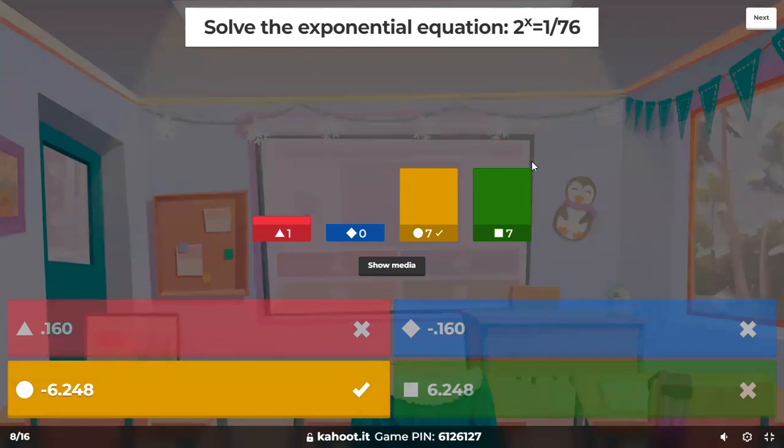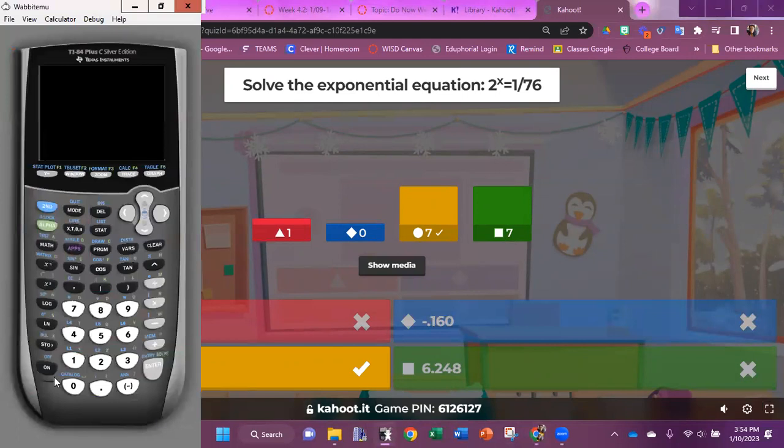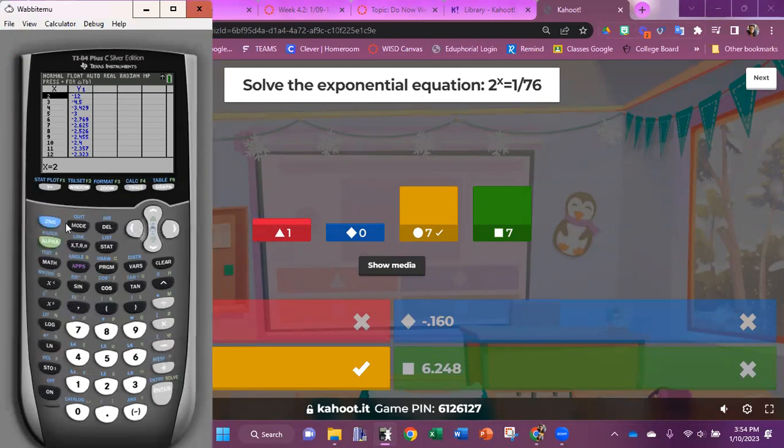All right, so let's talk about it. How do you solve an exponential? You have to take a log. So you gotta take the log of the same base. So in this case, what is my base? 2. So you have 2 options of taking the log.